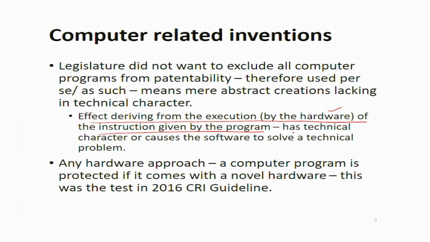If the effect has technical character, or if the effect causes the software to solve a technical problem, then the computer program is not computer program per se, it is other than this. So, the program gives an instruction to the hardware, as a result of which some effect is produced. If that effect is technical in nature, or if that effect solves a technical problem, then the computer program is not a computer program per se, and therefore it is patentable.